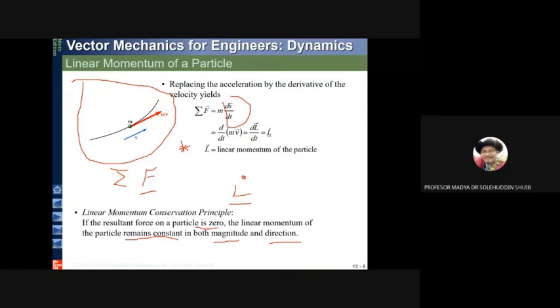This mv is L, the linear momentum of the particle. This is the direction of mv. So graphically, this is how it looks.